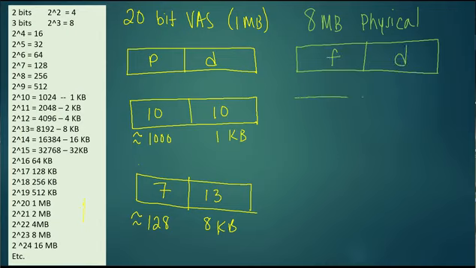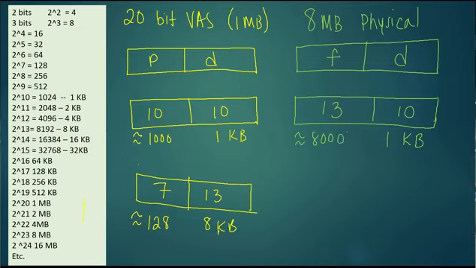If we have 10 bits for the displacement, we'd have 1 kilobyte size frames, because the size of the page needs to match the size of the frame, and we would have 13 bits for the frame number, so approximately 8,000 frames, all of size 1 kilobyte each.